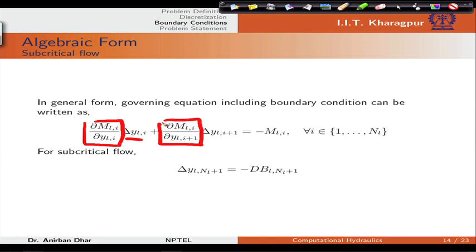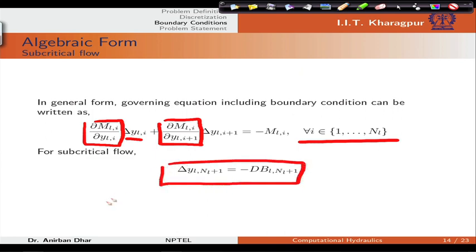This del m Li is again the second term in the Jacobian matrix, and these are the equations. So, from 1 to NL segment we have this equation. We can directly solve this, but we need another boundary condition here, that is the subcritical flow condition. In this case the coefficient is 1, that is why I have not written that.